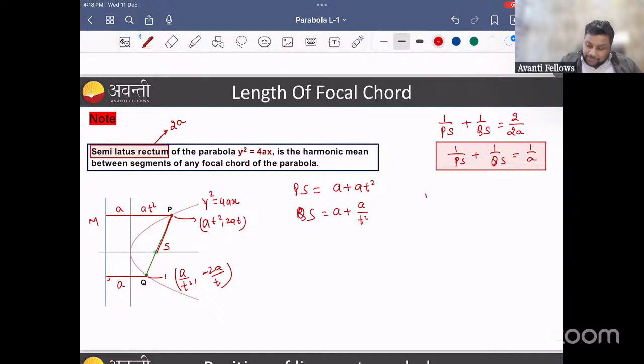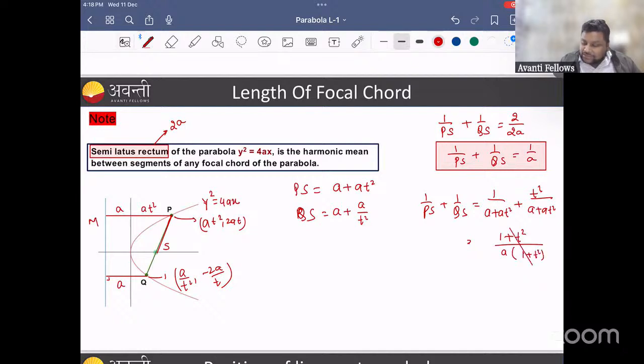So 1 by PS plus 1 by QS is what? 1 upon a plus at square, plus, if I take LCM, t square upon a plus at square. So it is 1 plus t square divided by a into 1 plus t square.